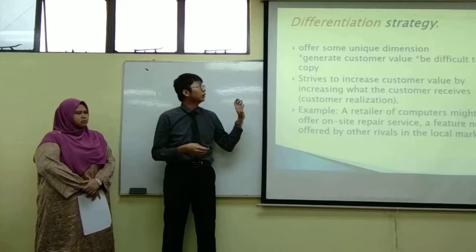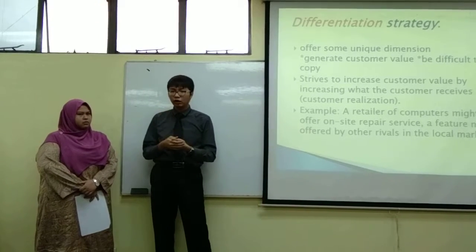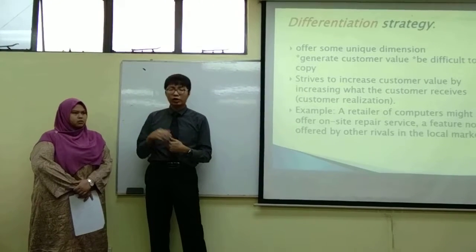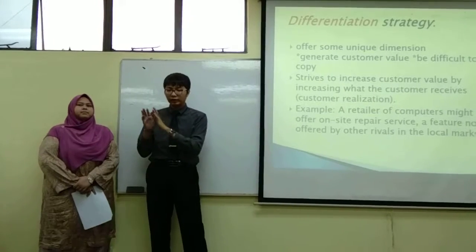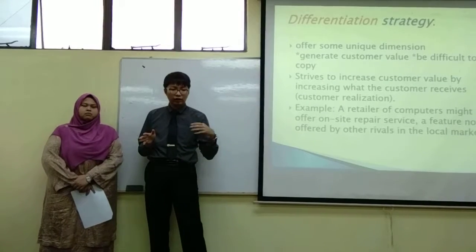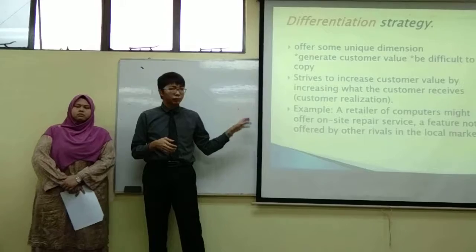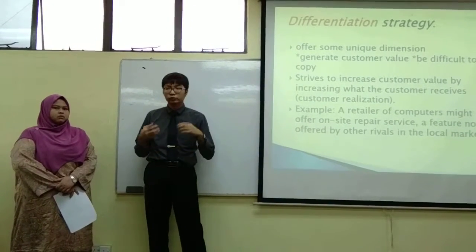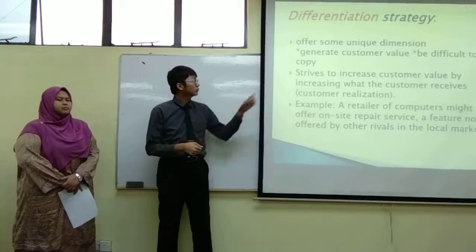Because Apple has the system called iOS, which is different from other phones, because other phones use the Android version, but Apple only uses iOS, which is different from other smartphones. So Apple implements this differentiation strategy to make their product different from other companies.